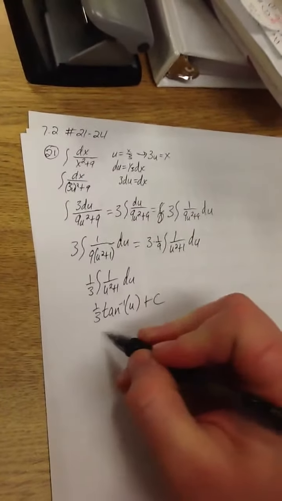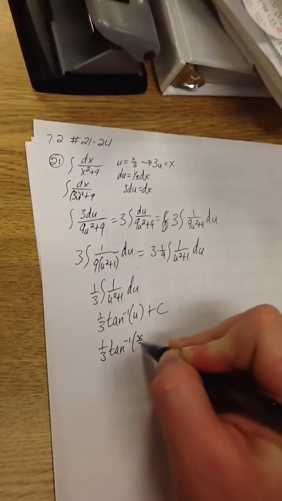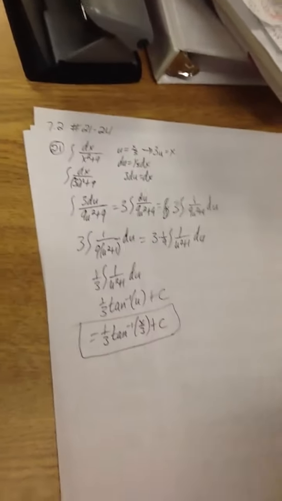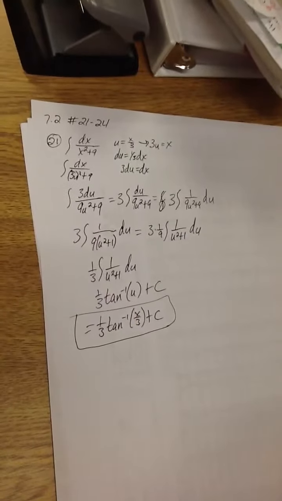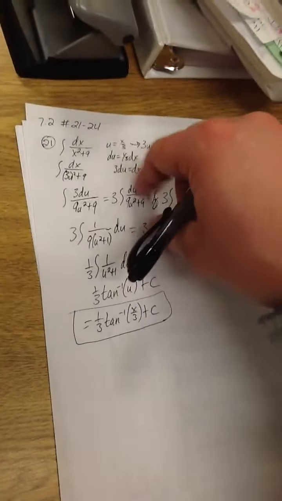Plug u back in. So the answer is 1/3 inverse tangent of x over 3 plus c. Like I said, I think that was about the hardest one, just because of the weirdness up here. Here's 22.